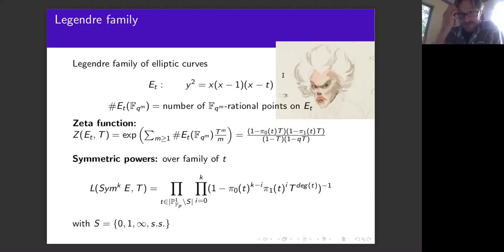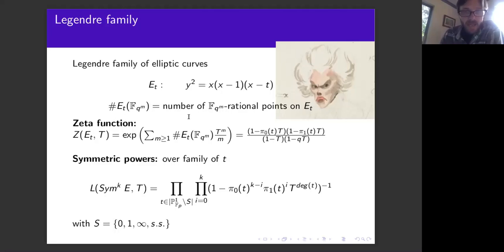All right. So what we want to do with this family is we want to count the number of F_q rational points on this elliptic curve. So we denote that by the number here.